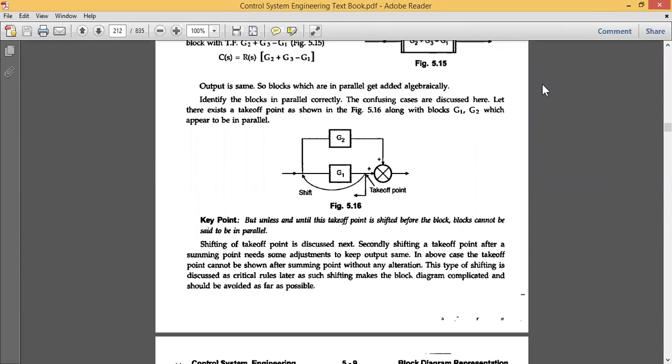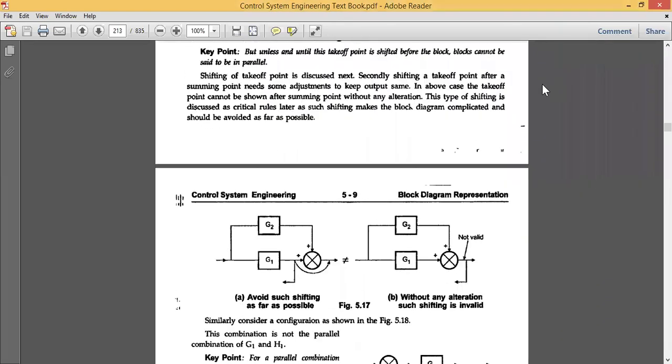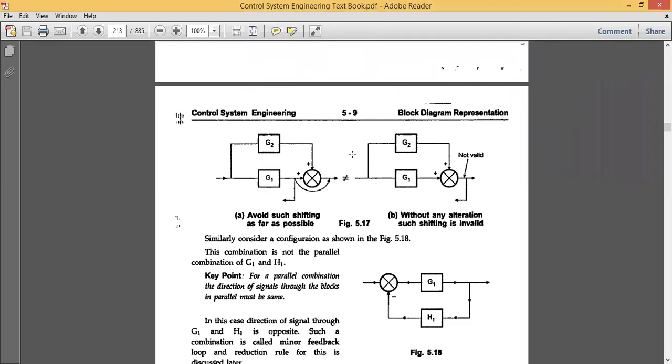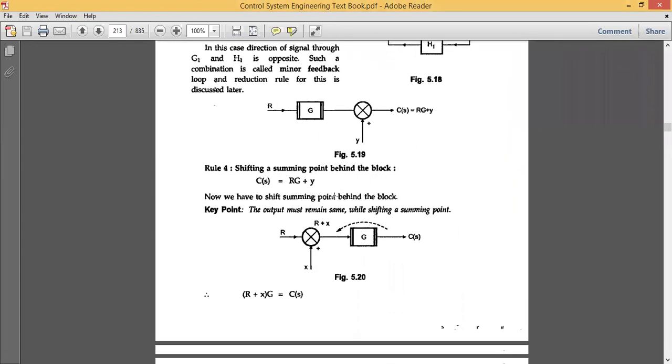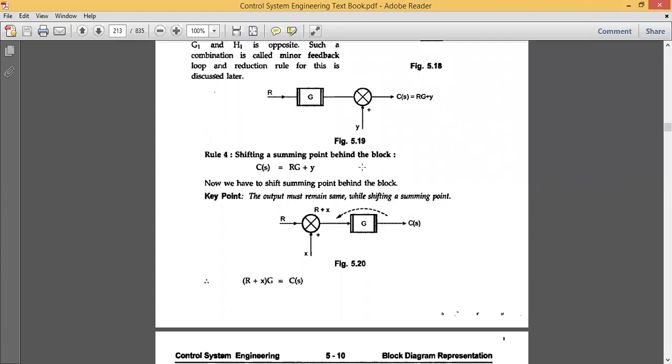After that we saw how to shift takeoff points after the block, and before the block. Sometimes they use different words: behind the block and beyond the block.